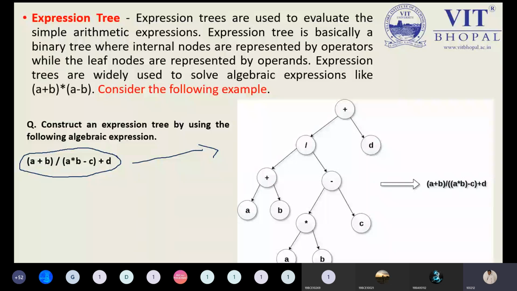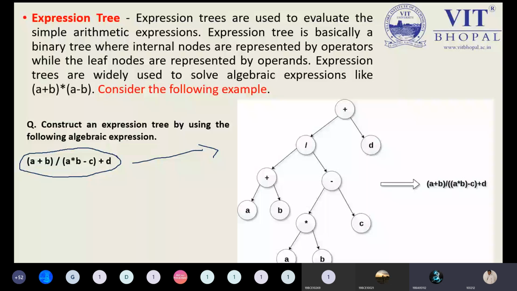Did you understand what is going on and how we are evaluating this expression? Yes, sir. So please explain.